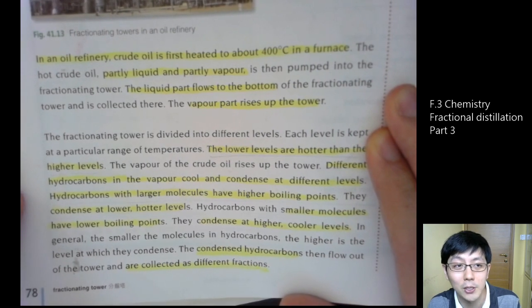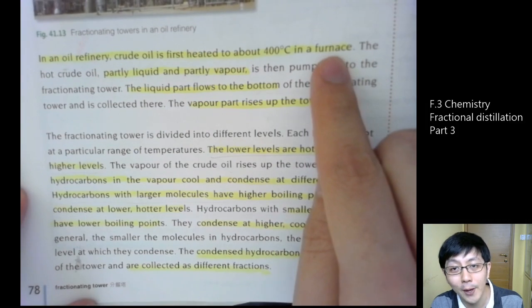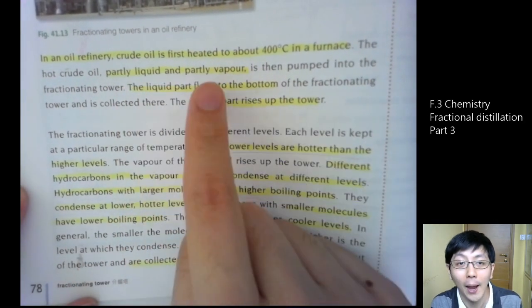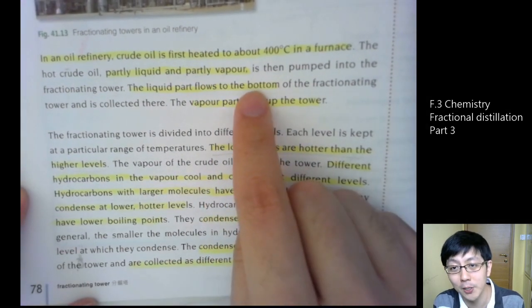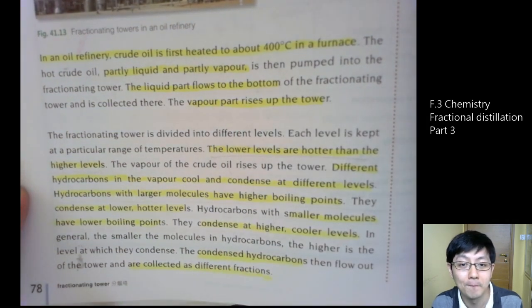Crude oil is first heated to about 400 degrees Celsius in a furnace. So hot crude oil will turn into partly liquid and partly vapor. The liquid part flows to the bottom, and the vapor part rises up the tower.